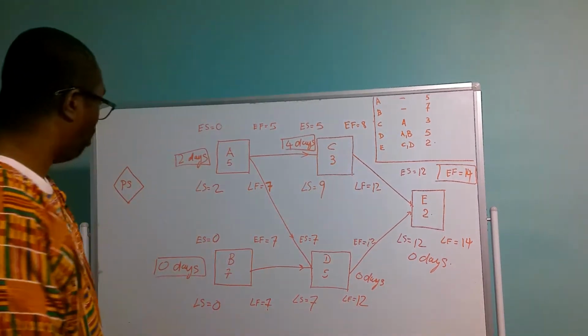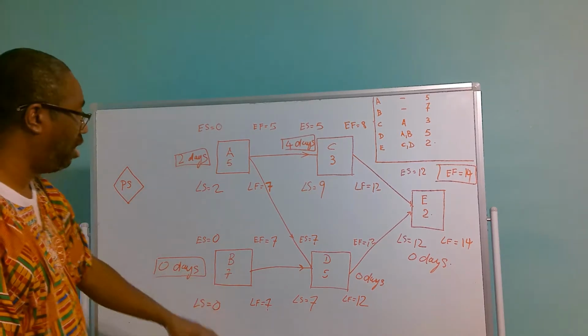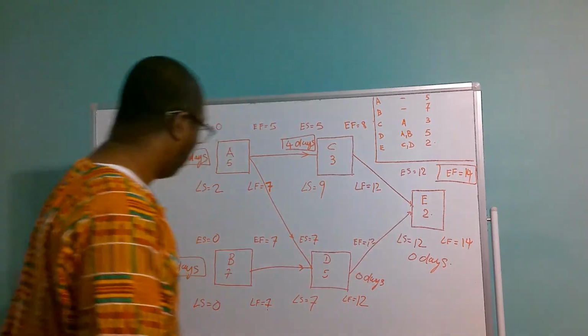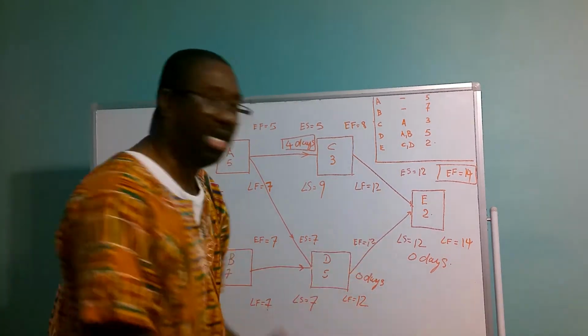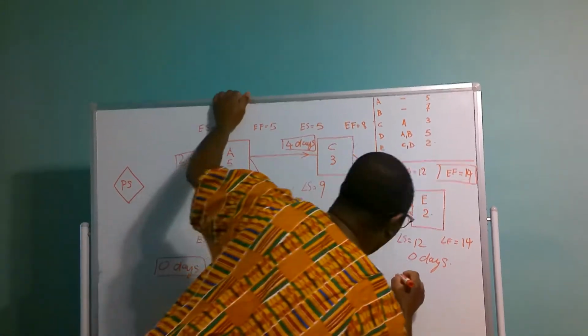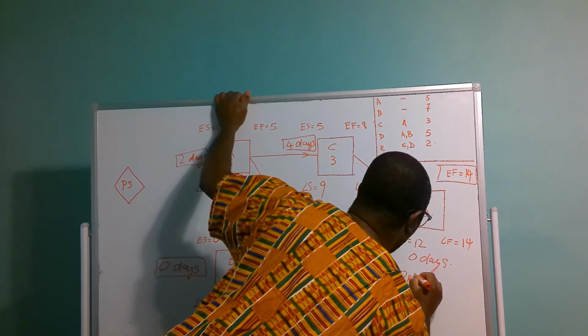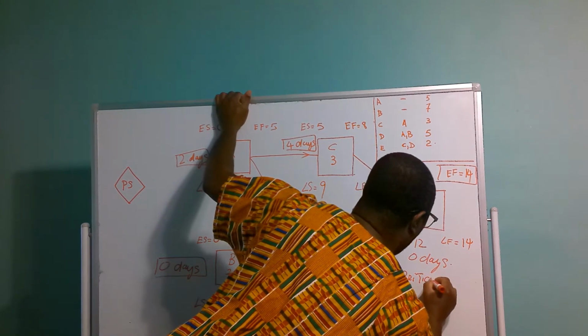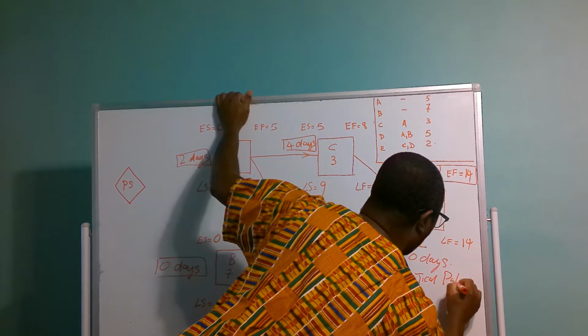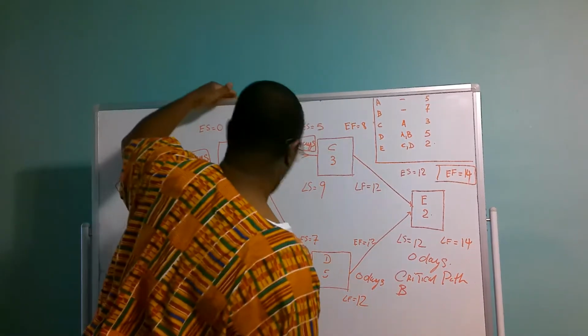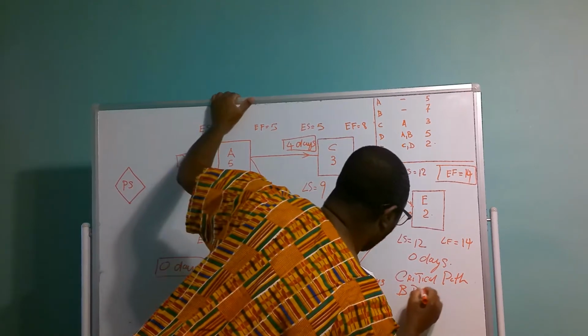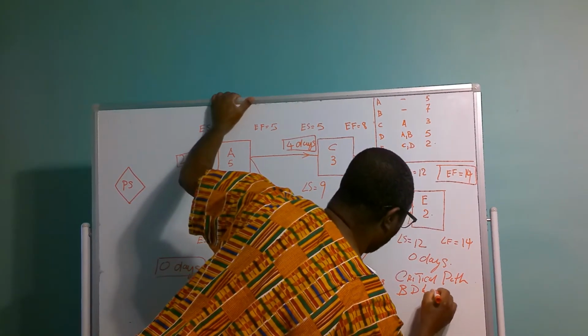So our critical path is going to be B, D, and E, since the floating days on B, D, and E is 0.